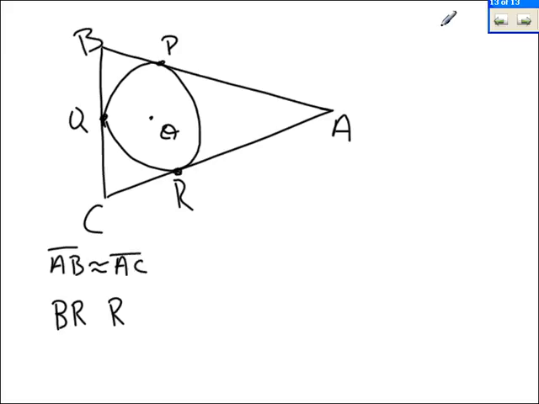BR and probably RC. BQ, yeah, of course, and CQ. You want to show that each of these are the same.